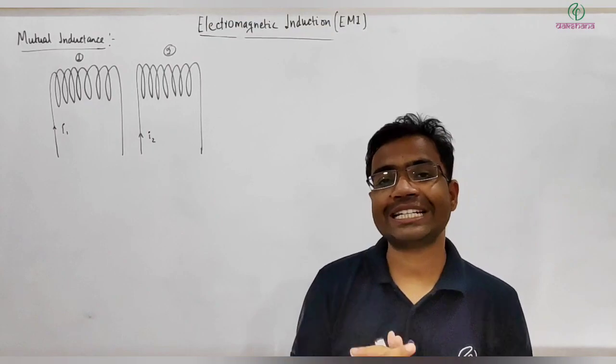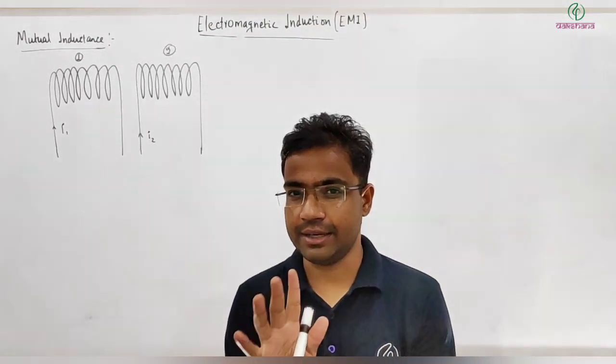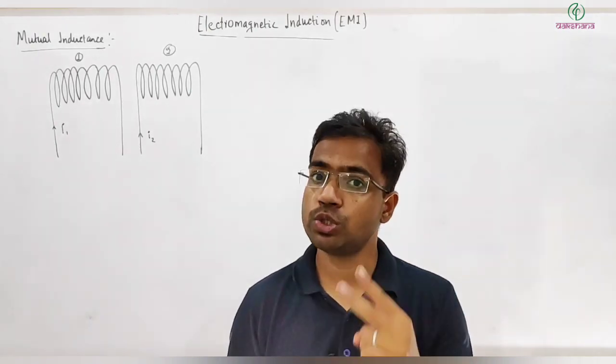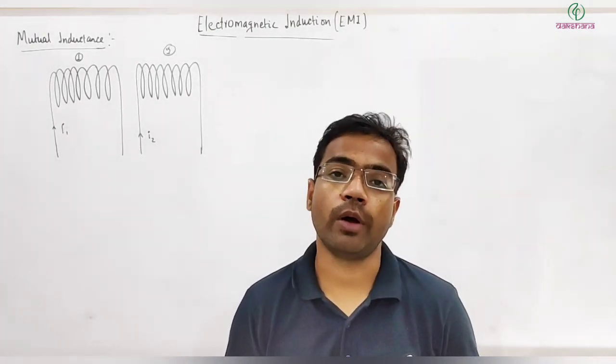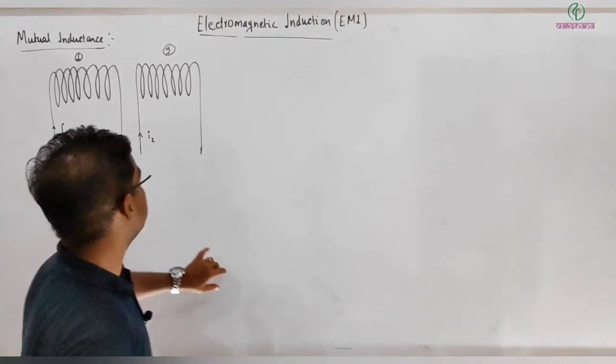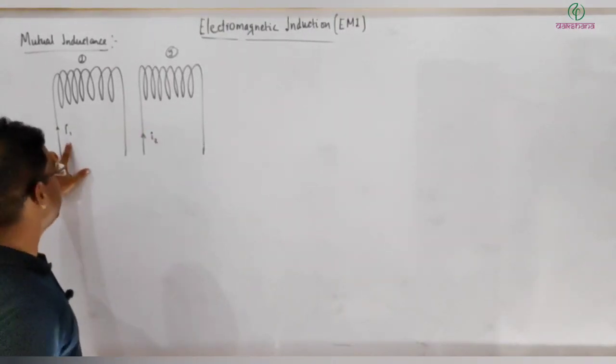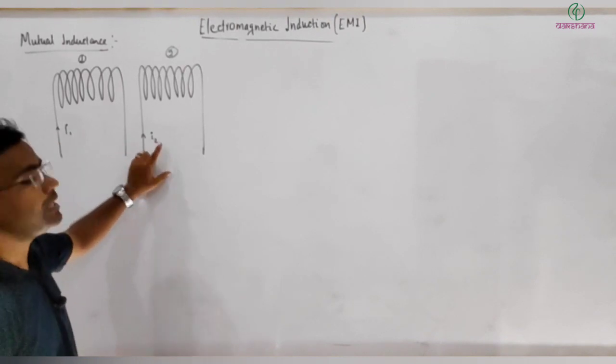Here mutual inductance is something different. The property is the same, but it's defined for two coils or a pair of coils. So what is happening here? Let's consider we have coil 1 and coil 2. Current in coil 1 is I1 and current in coil 2 is I2.